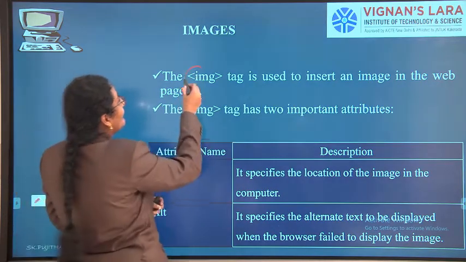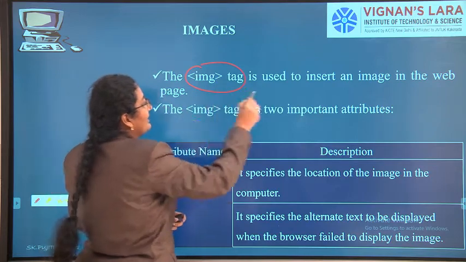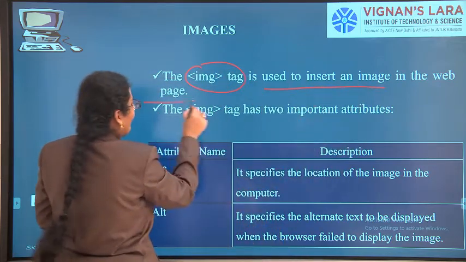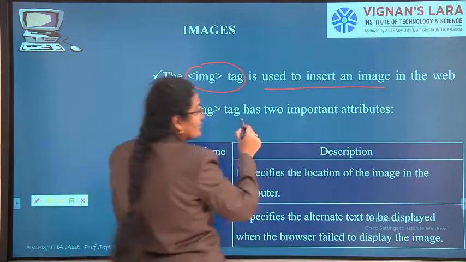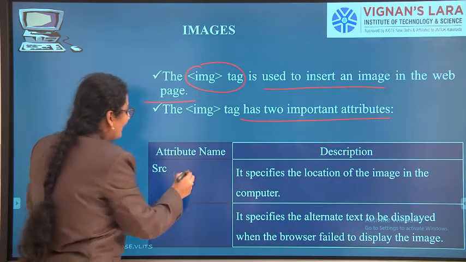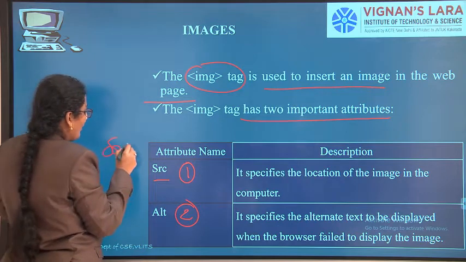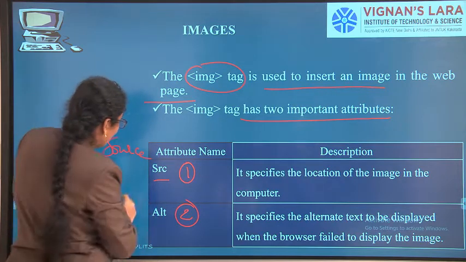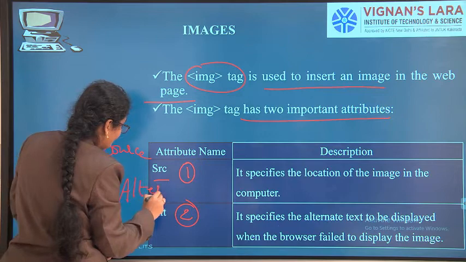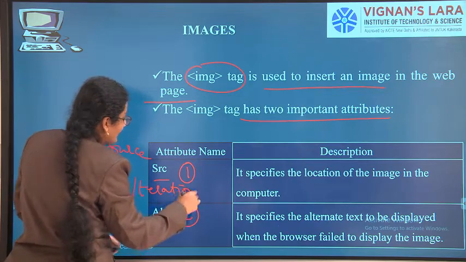So we have the image tag and it is used to insert an image in a web page. This tag has 2 important attributes: source, S-O-U-R-C-E, and alt, for alteration.